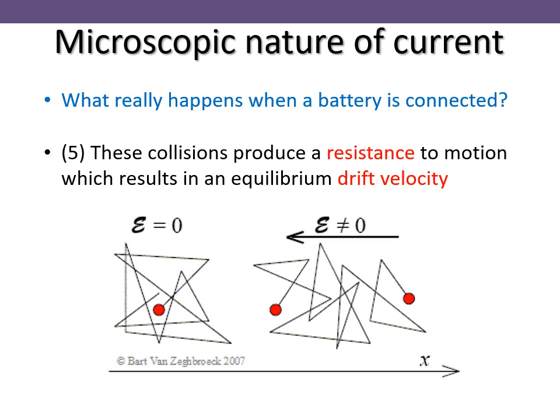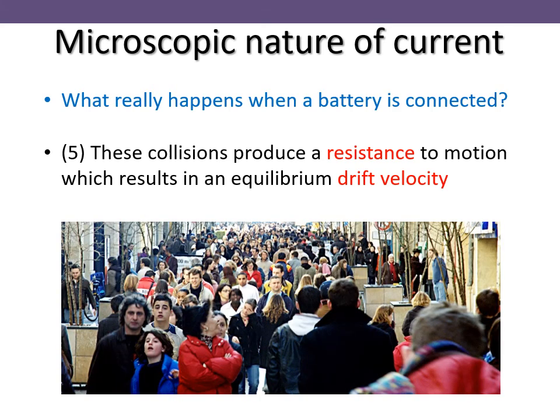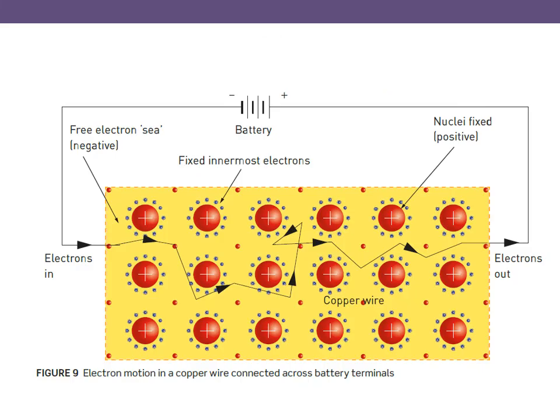Things that have a low resistance have a low number of collisions when the electrons are flowing through them, whereas things that have a high resistance have a large number of collisions as your electrons are trying to pass through them, and that causes the electric current to decrease. The topic there about drift velocity, we're not going to go into that in this course.